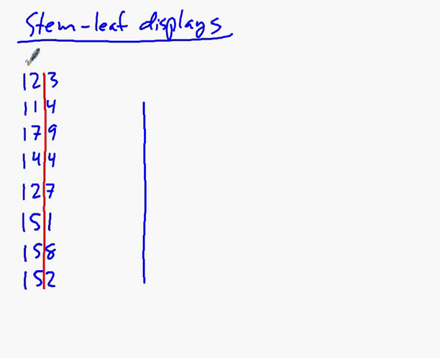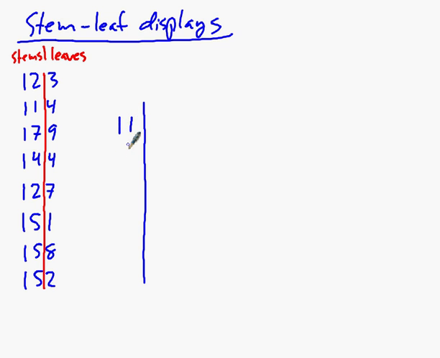And this becomes my stems, and these are my leaves. And I'm going to organize these in order. And so it looks like my smallest stem is 11 and the biggest one is 17.